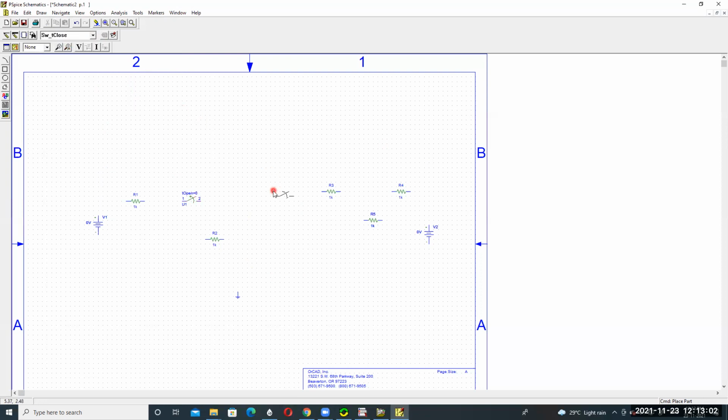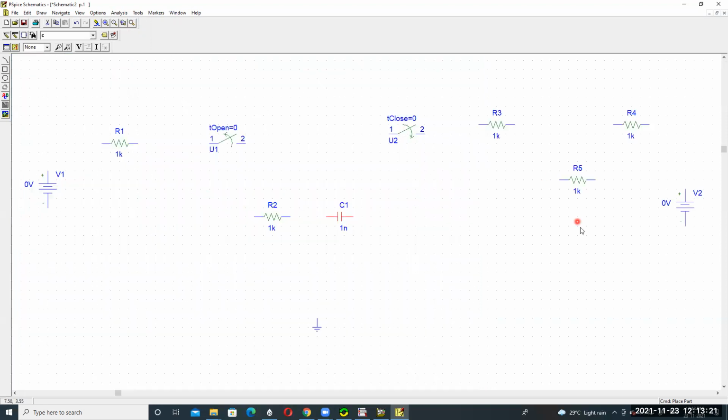Place them here. Also one capacitor is required, and it is connected between the 2 switches. Like this, each and every element is collected from the library.